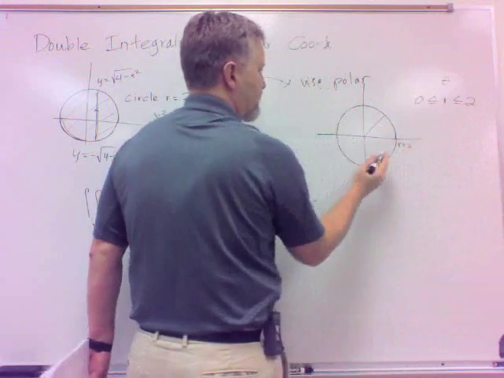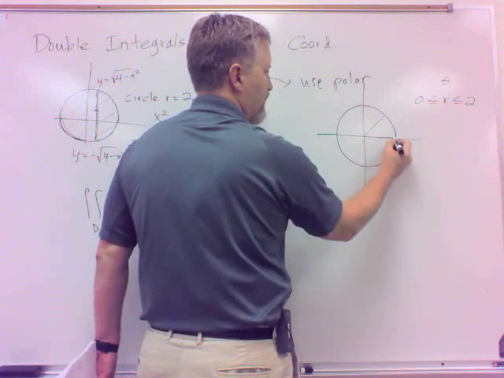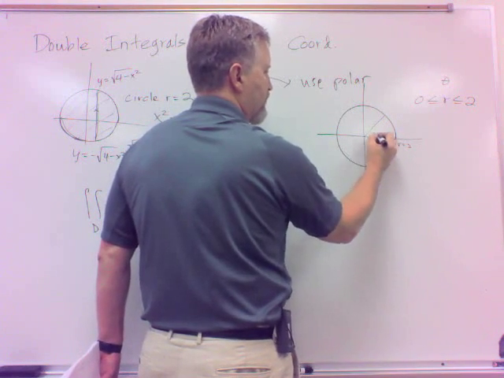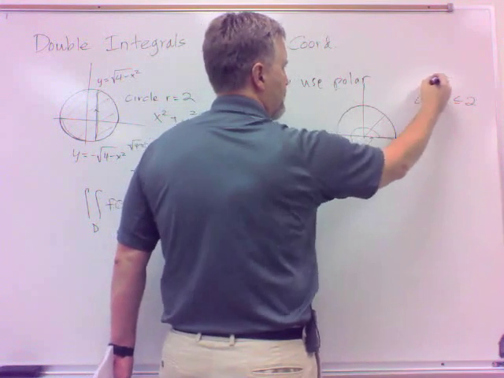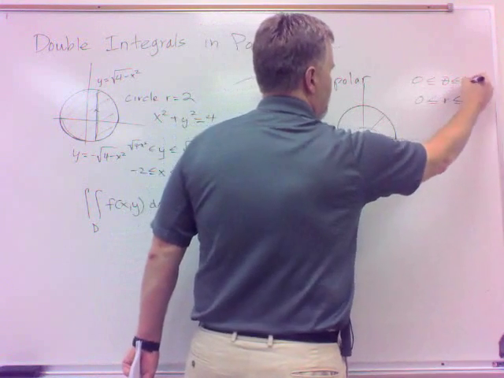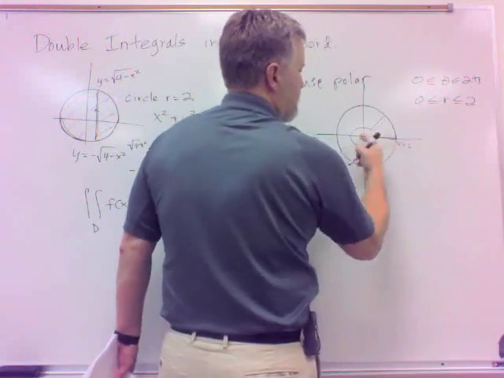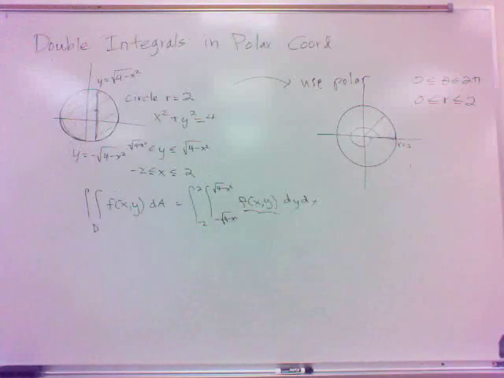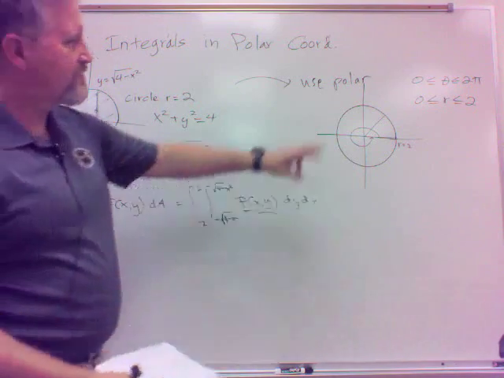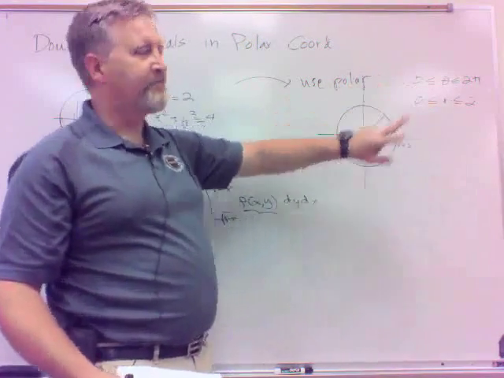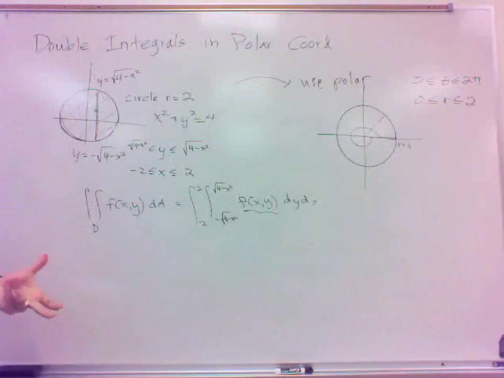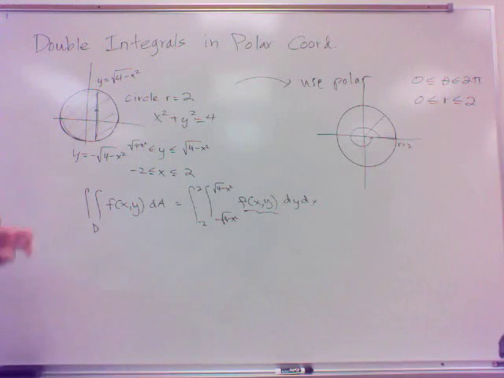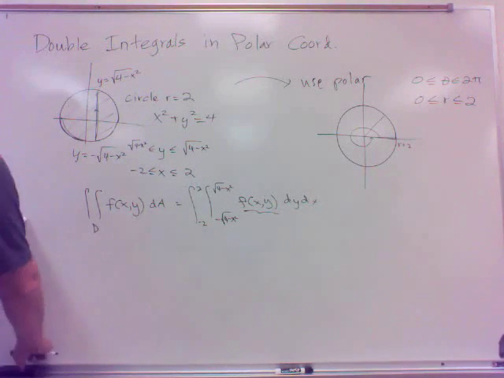Well, let's do the thetas first, because I can go from theta equals 0 all the way around, so theta goes from 0 to 2 pi, and then the r's would go from 0 to 2. That's going to be a whole lot nicer limits of integration than these are. Okay, so that's one reason to do this.